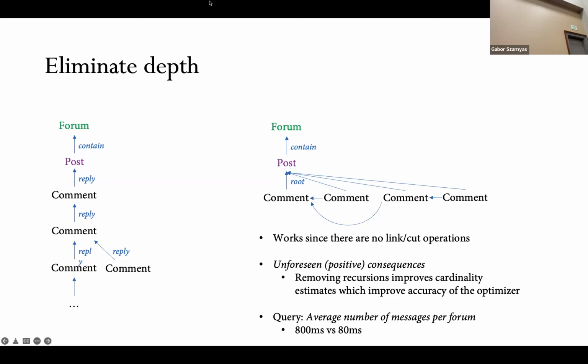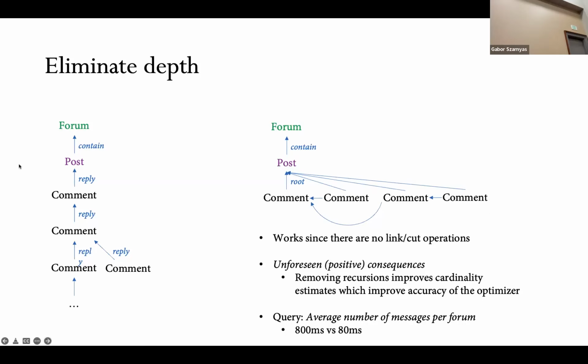What happens if I have O of n comments all replying one after the other, giving me one long chain? Horrible. So what we instead do, and this is a simple change in the schema, is for every comment, we pre-compute their root posts. So this navigation operation becomes O of 1, which is possible to do in the LDBC BI workload simply because there are no link cut operations.